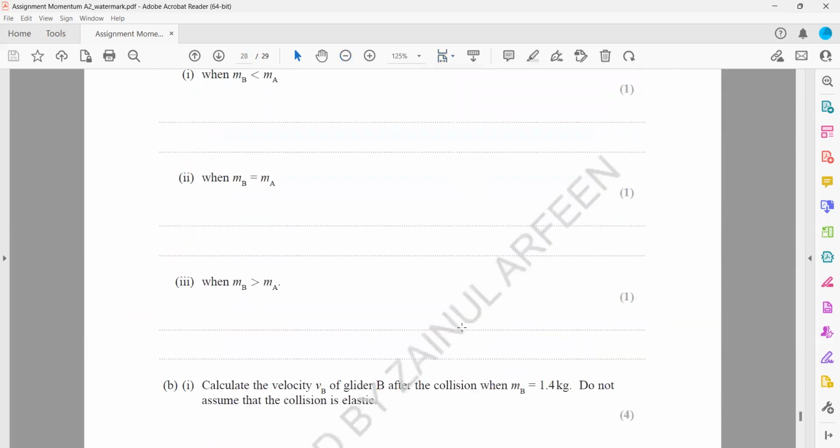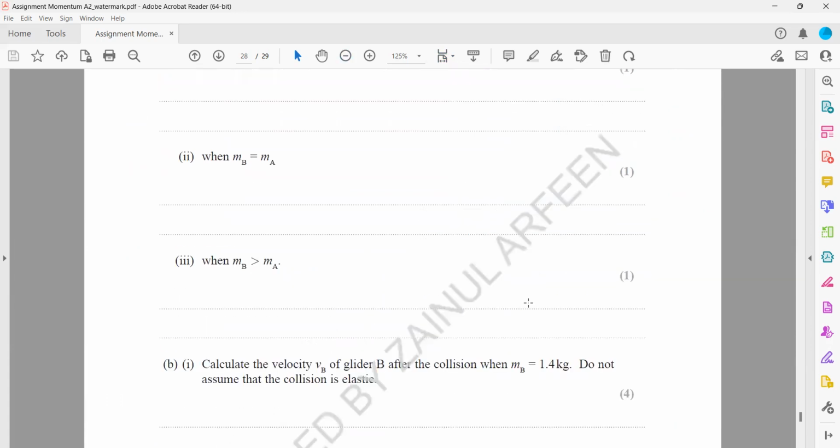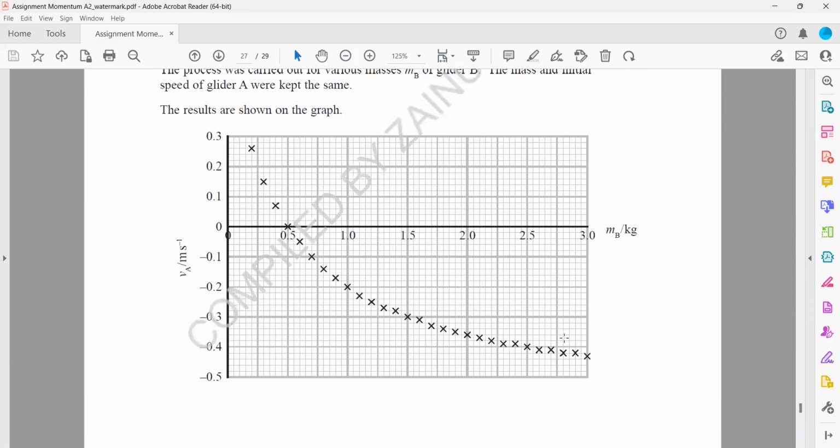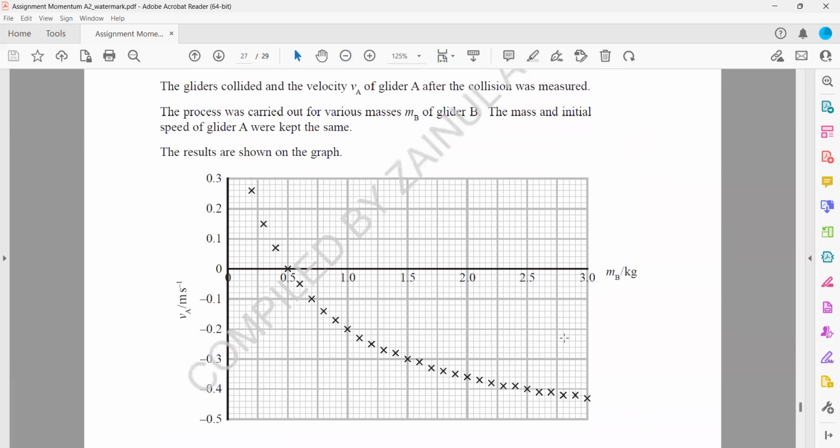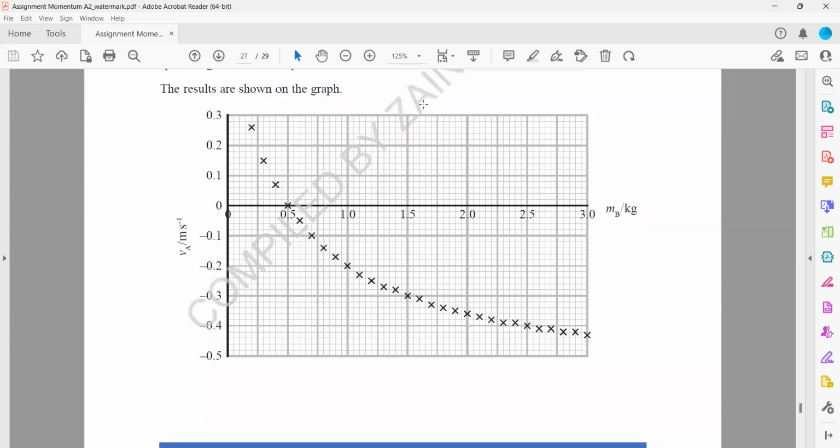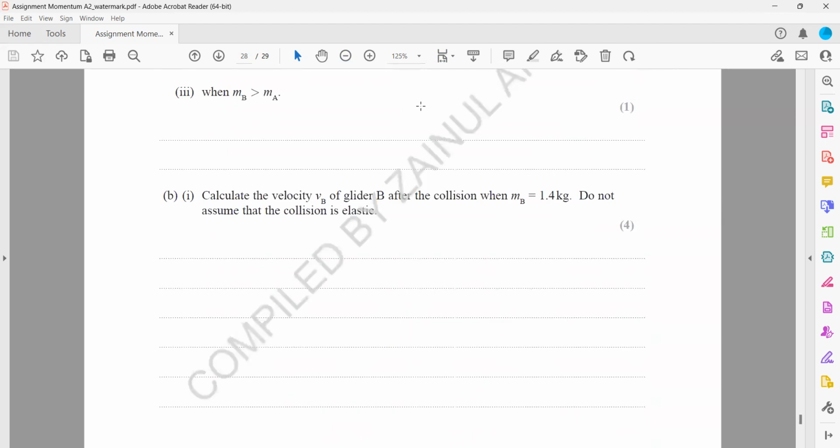When the mass of B is 1.4, we need the velocity of B after the collision.